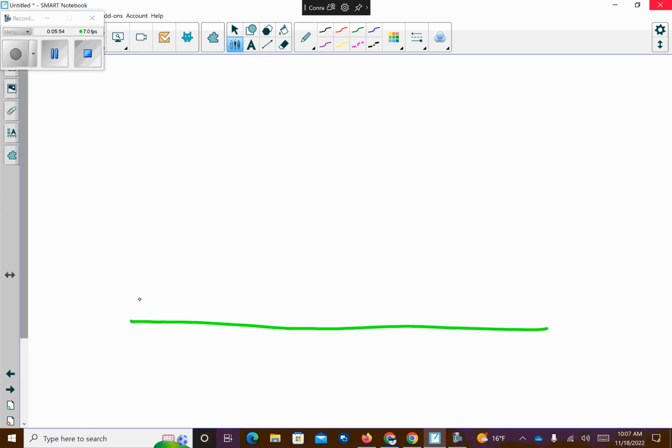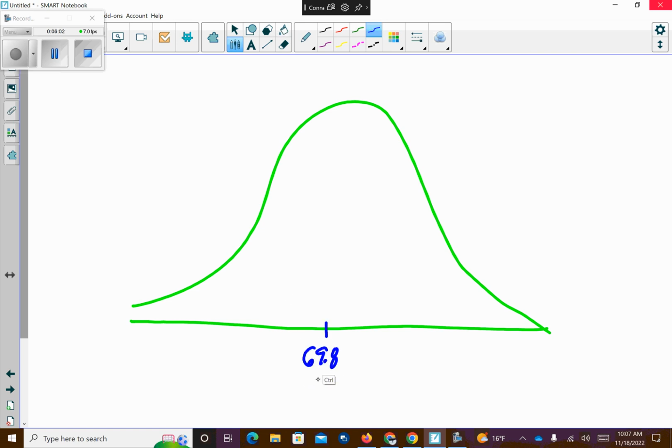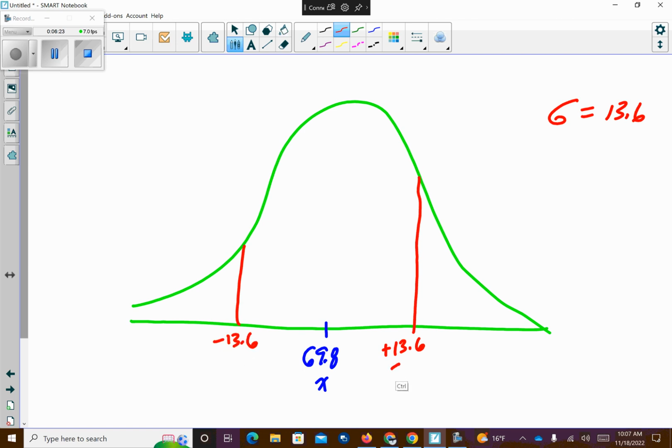So adding 13.6 to the mean gives one standard deviation this way, and subtracting 13.6 goes the other way, taking us to 83.4 or 56.2 as far as values go.